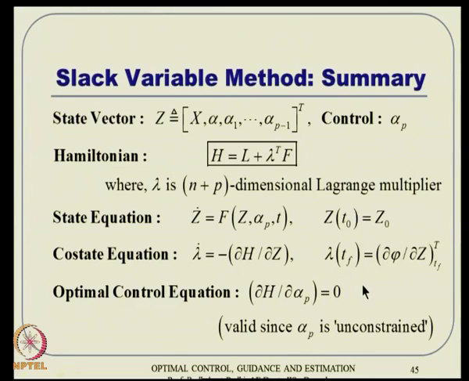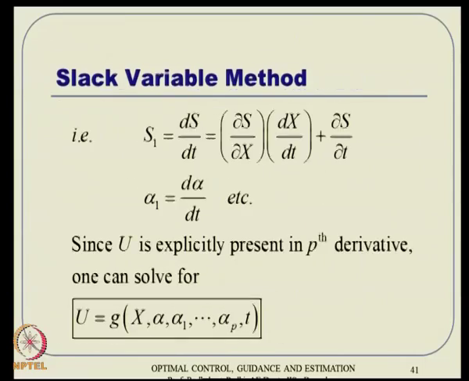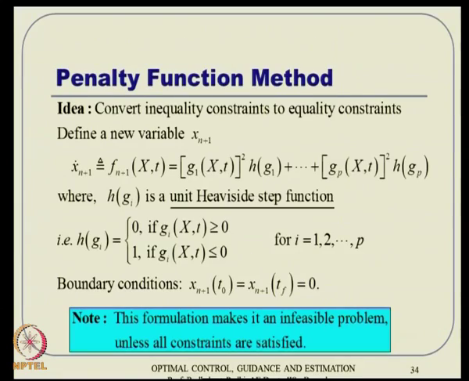So, in my view this is an elegant method, the slack variable method, and if you end up with some problem like that, you can give this method a try. The other approach, using the Heaviside function, makes mathematical sense, but you may struggle numerically. You may have to struggle hard to tune the design in a good way.